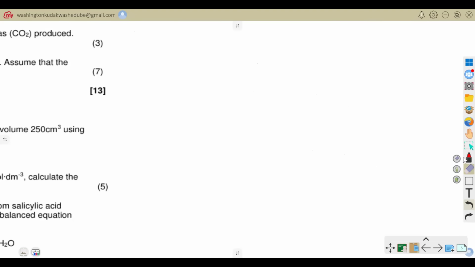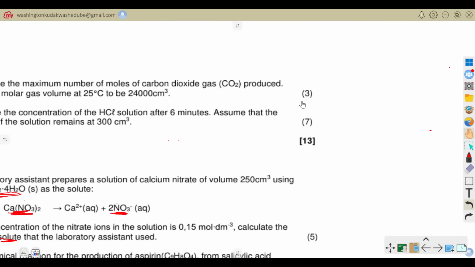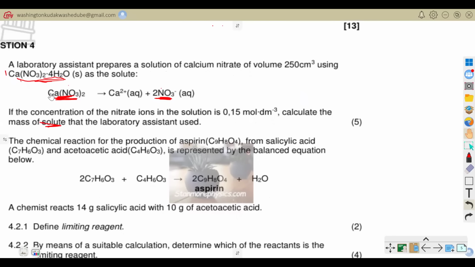So if you dissolve that solute in solution, the solute is actually going to have the same number of moles as the actual calcium nitrate, because the water molecules definitely don't dissolve. So what dissolves is this calcium nitrate.